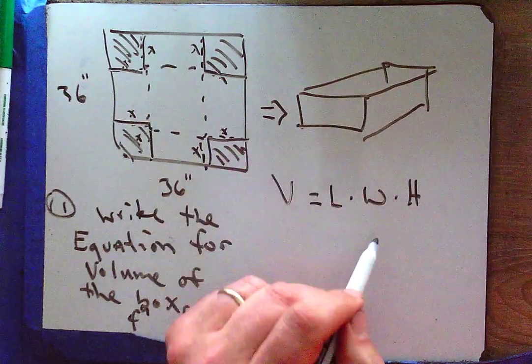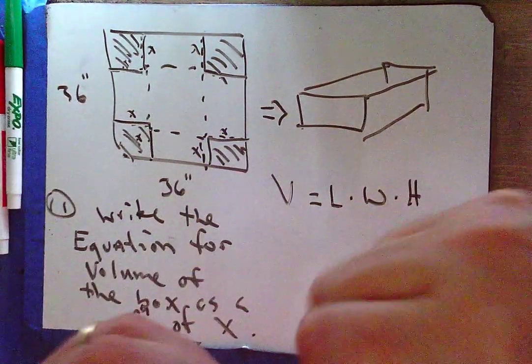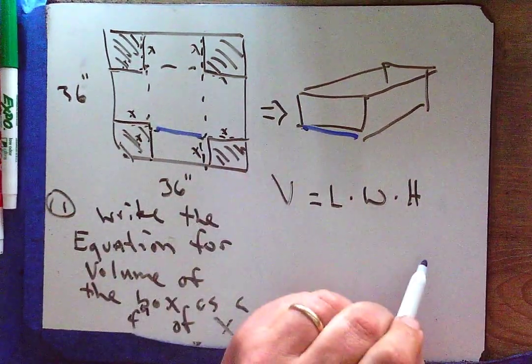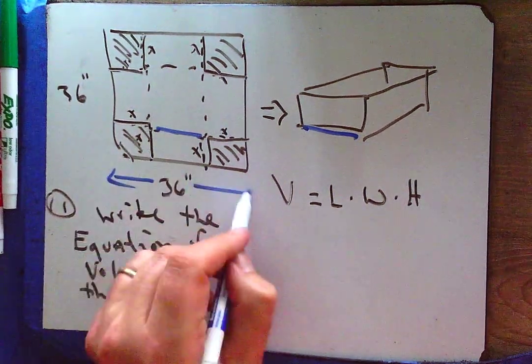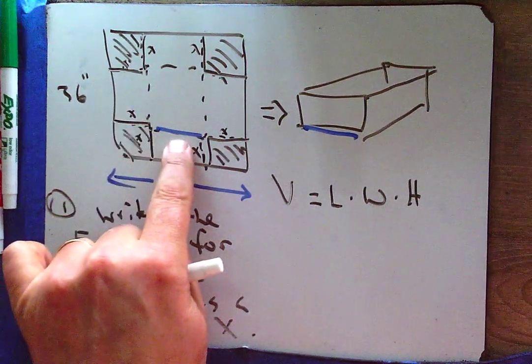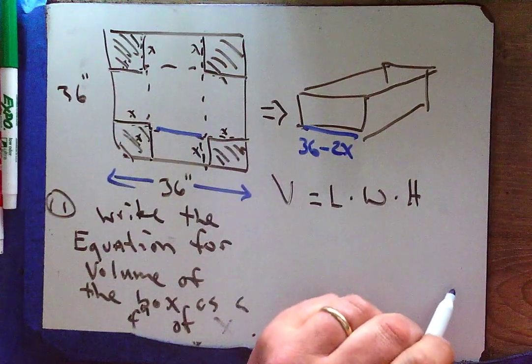But what are those? Well, think about this over here if you've forgotten the example that we did in the last unit. This distance is here. Now I know this whole distance is 36, but I took away x and I took away x, so how much is left here? That's going to be 36 minus 2x.